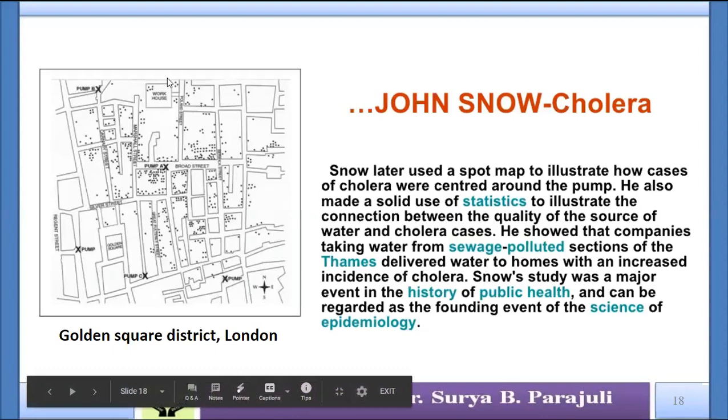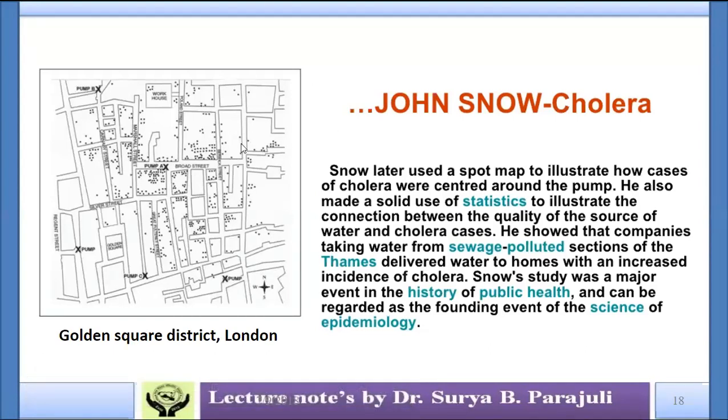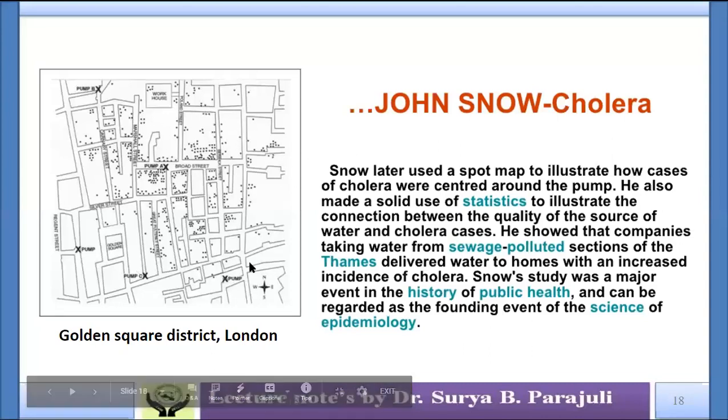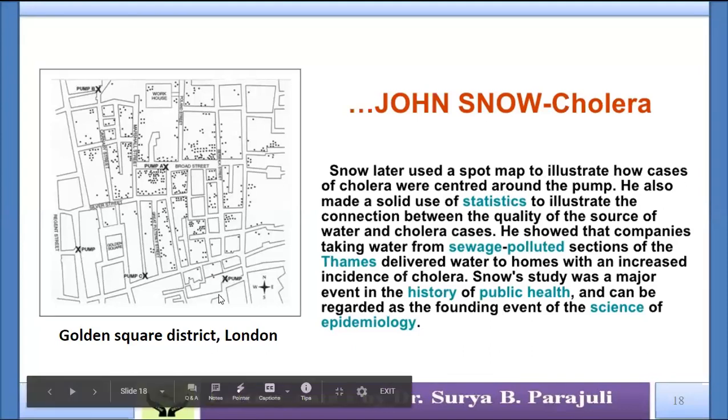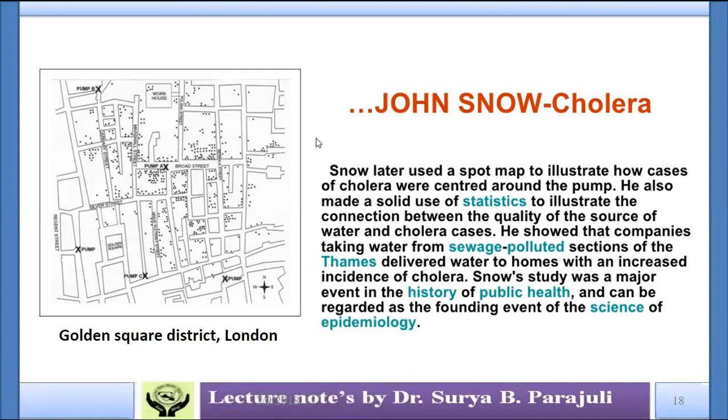Just by spot map, he identified this particular pump as the source of cholera, when we didn't yet have the concept of microbiology. So by spot map, we can identify the cause or distribution of any disease or health event.